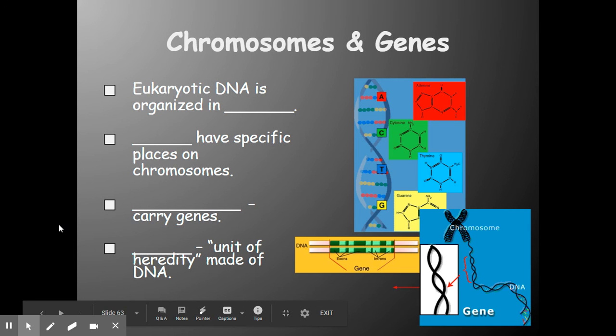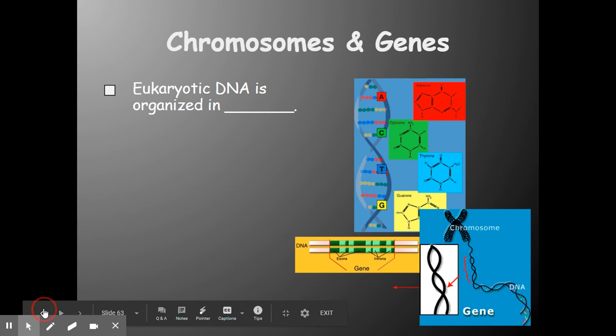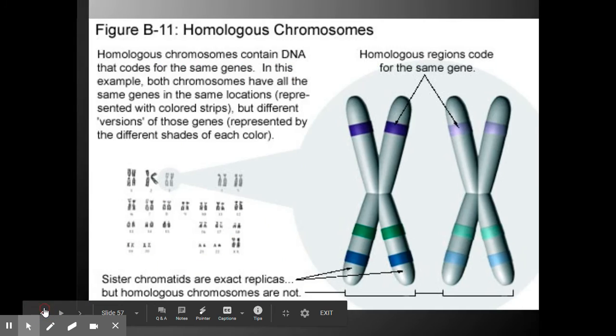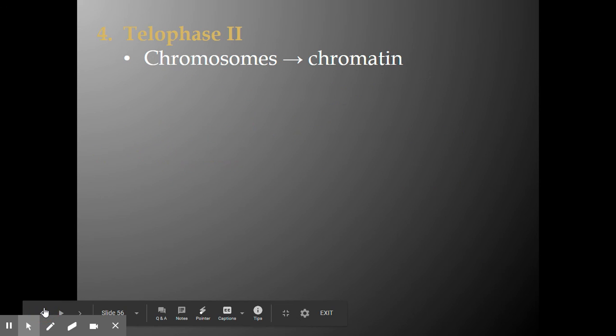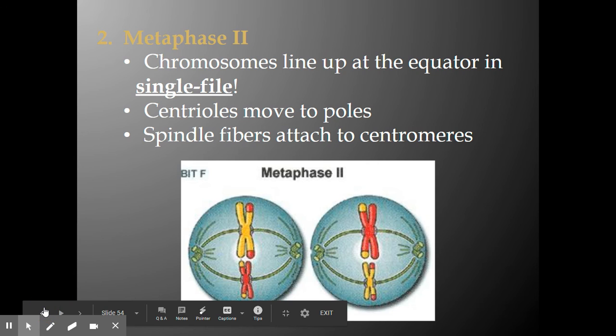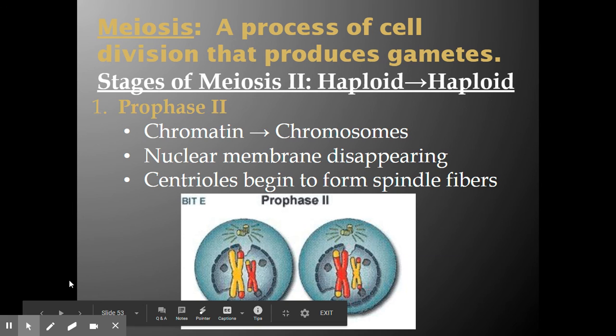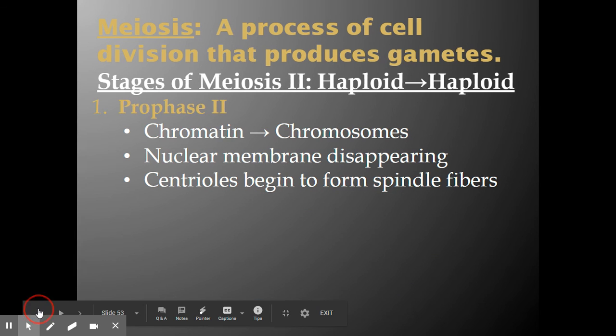If you're wondering if I do expect you to know your phases of meiosis, yes, I do. I expect you to know all the phases of meiosis and what happens in each of them. What's the difference between meiosis 1 and meiosis 2, and the like.